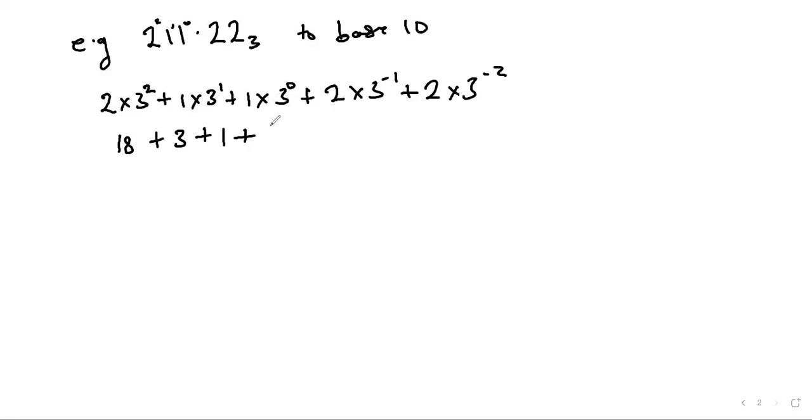This one is 2 over 3, plus the next one, 2 over 3 raised to the power of 2. So if you add all these, 18 plus 3 is 21, plus 1 is 22. 22 plus 2 over 3, if you convert that to decimal, what will it give you?